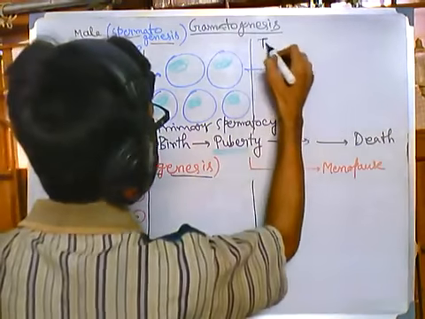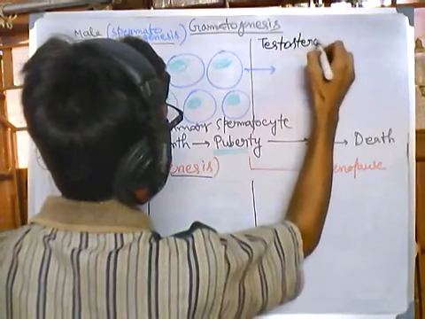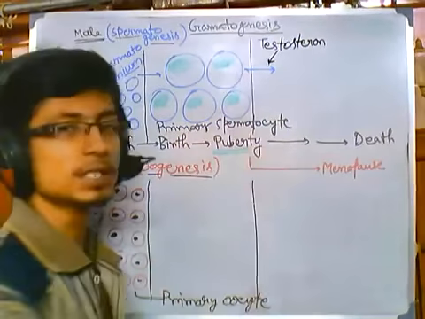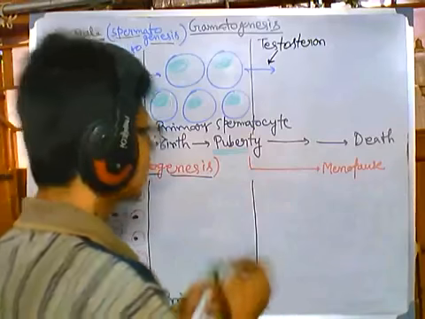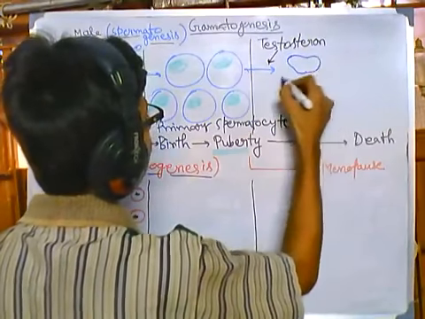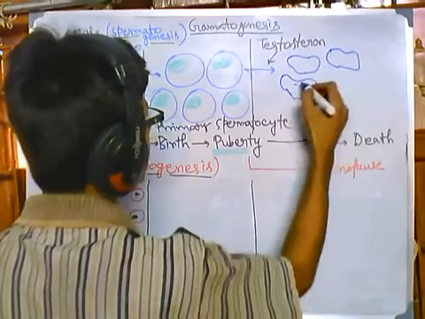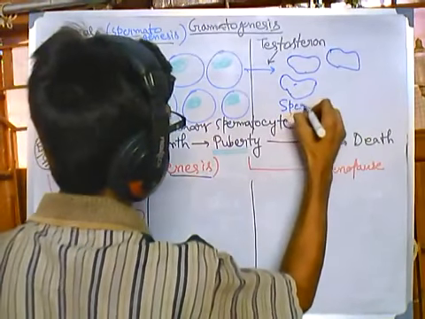As a result of this testosterone stimulation, these primary spermatocytes will mature into what we call spermatids. So we'll be looking at cells like this. They will be called spermatids.